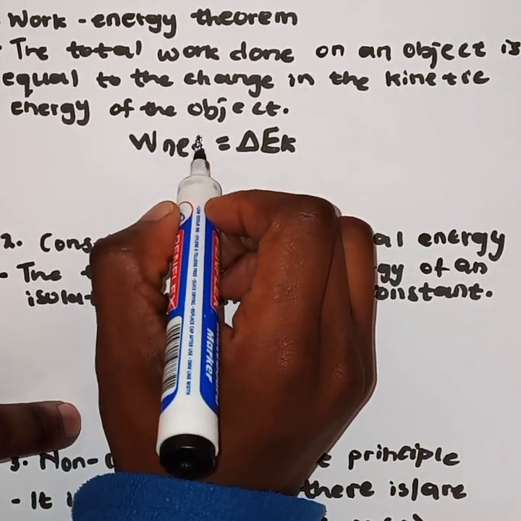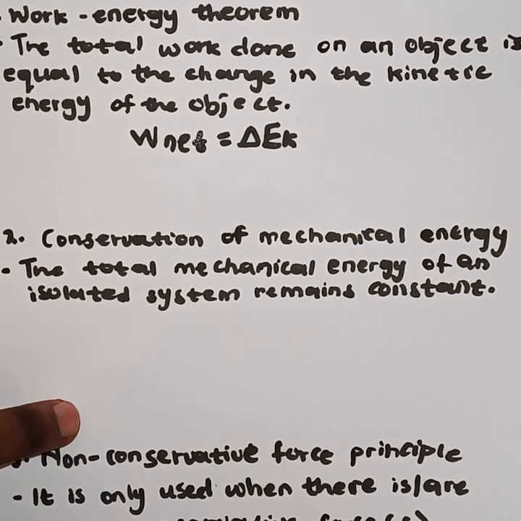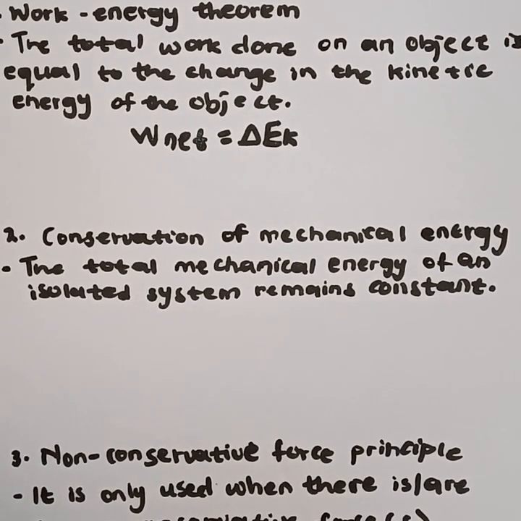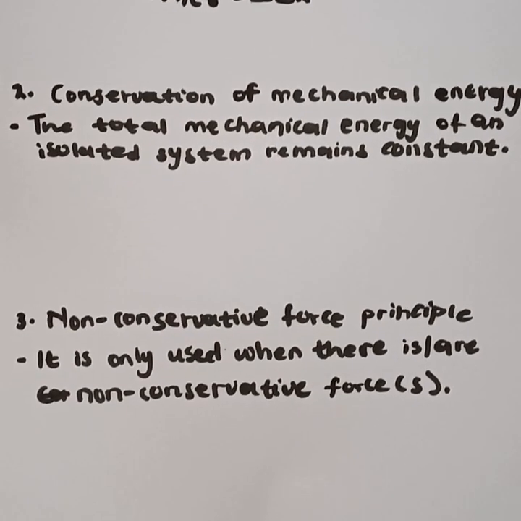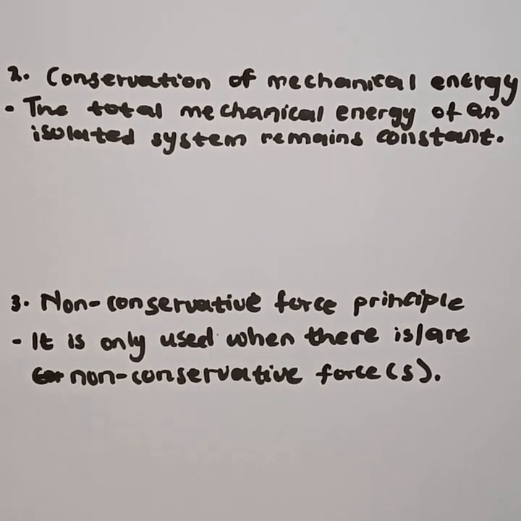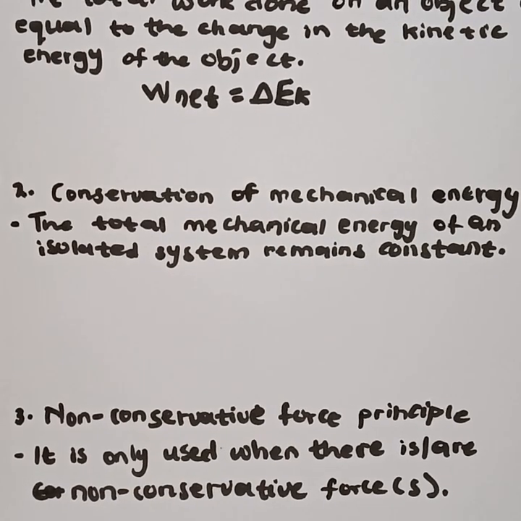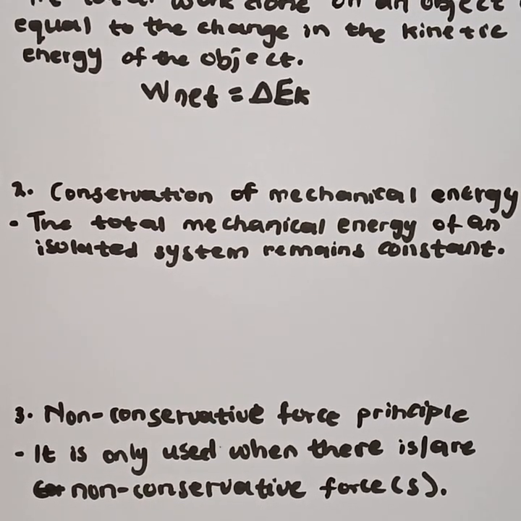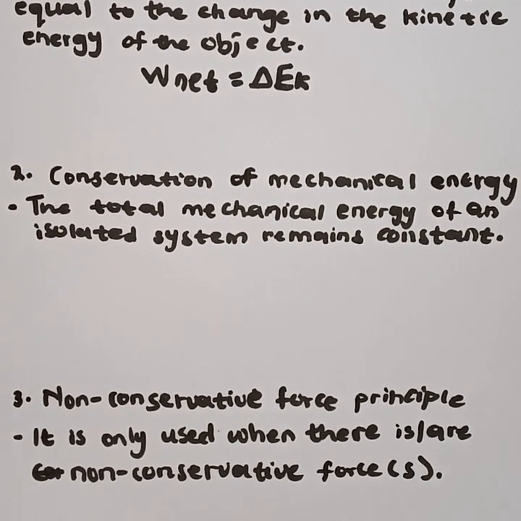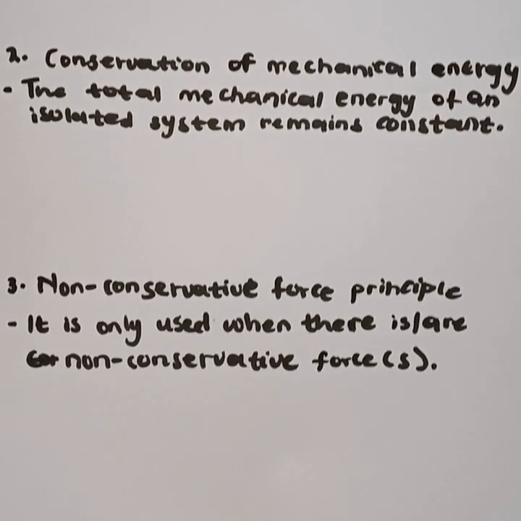That's what it means. This is the first principle that you should know, the work energy theorem. Sometimes you are told to use the work energy theorem to calculate the velocity or whatever you're going to be asked to calculate.